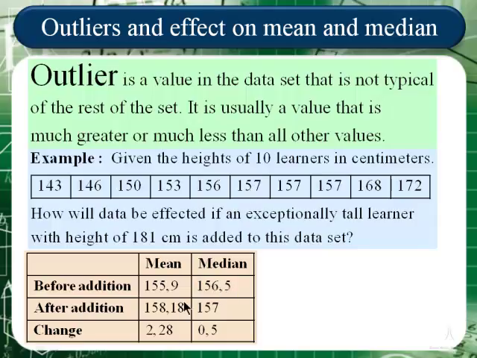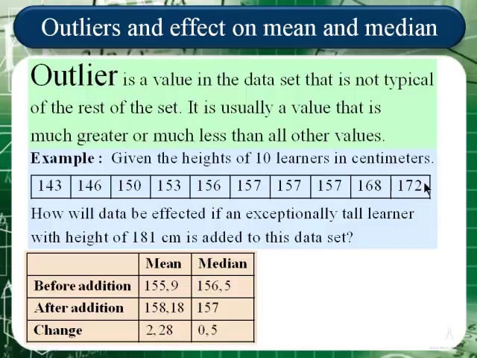If we add the 181 on the right hand side here and recalculate the mean, in other words just add it to the previous sum but now divide by 11, you find that the mean is 158.18. If you subtract the mean before the addition from the mean after the addition, you find that the change is 2.28.